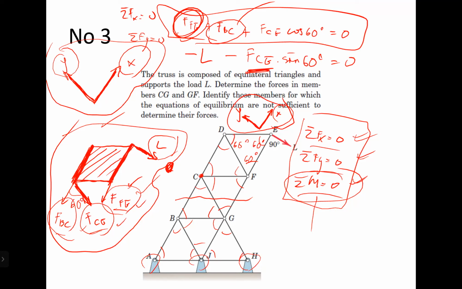The one in question here is which of these members will not be able to be found. The forces will not be able to be found among all of the members there. These three members are supposed to be okay. This one is supposed to be okay as well. This one too, right?